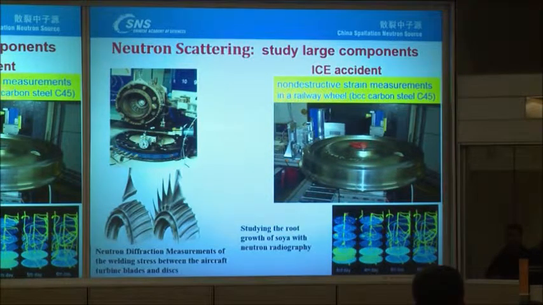So this was studied at the ISIS spallation neutron source at Rutherford, UK. From this study, they understood what was happening with the wear and how the accident happened, and they found a way to avoid such an accident happening again.